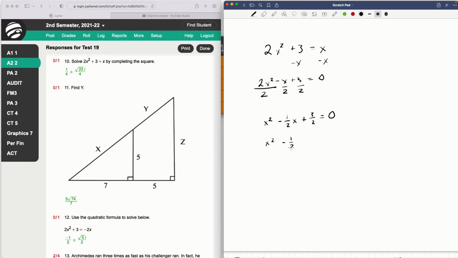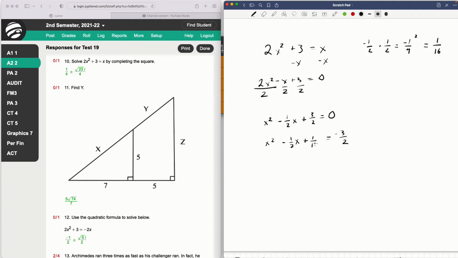Okay, negative 1/2. Divide that by 2, so I'm going to multiply it by 1/2. That's going to equal negative 1/4. Then I square that, and that's going to equal 1 over 16. That's what I add, 1/16 to both sides.